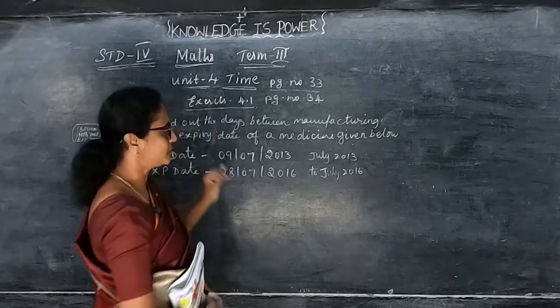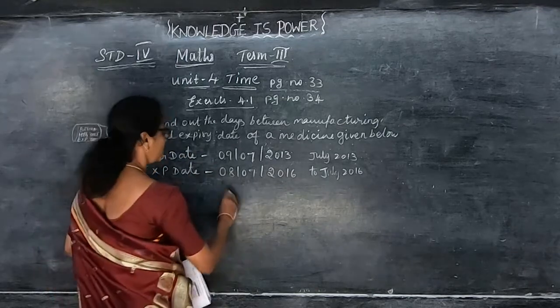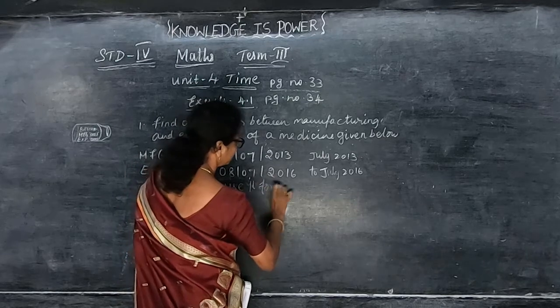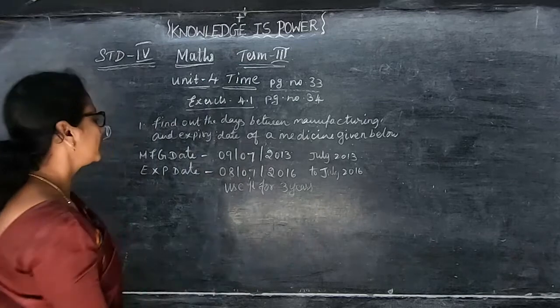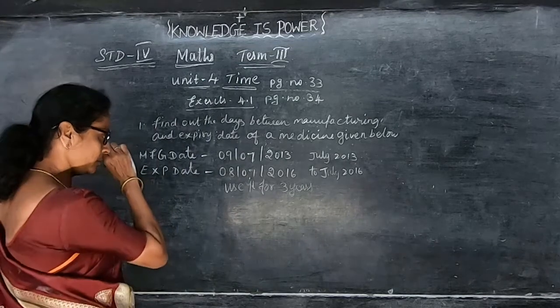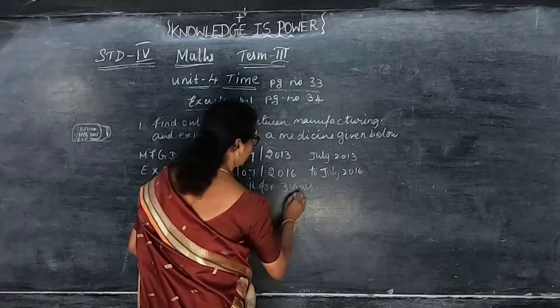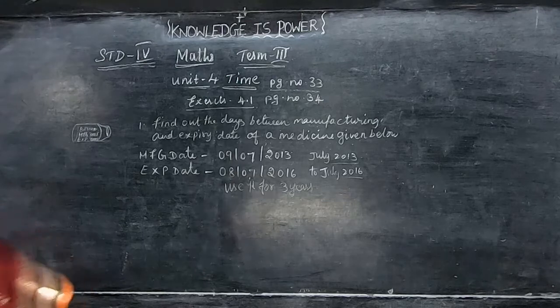So July 2013 to 14, 14 to 15, 15 to 16. So you can use it for 3 years, from 2013 to 2016.